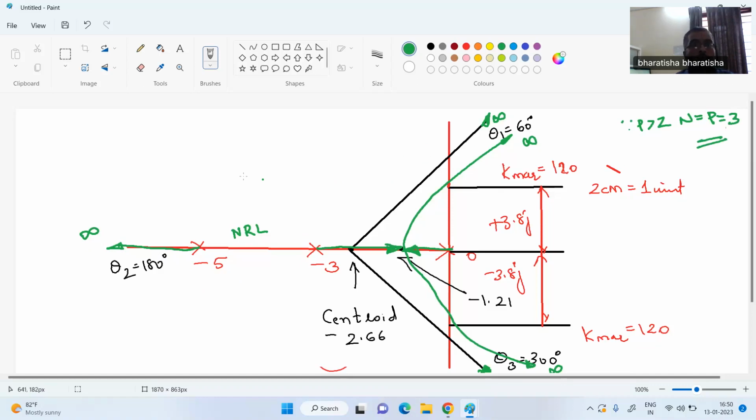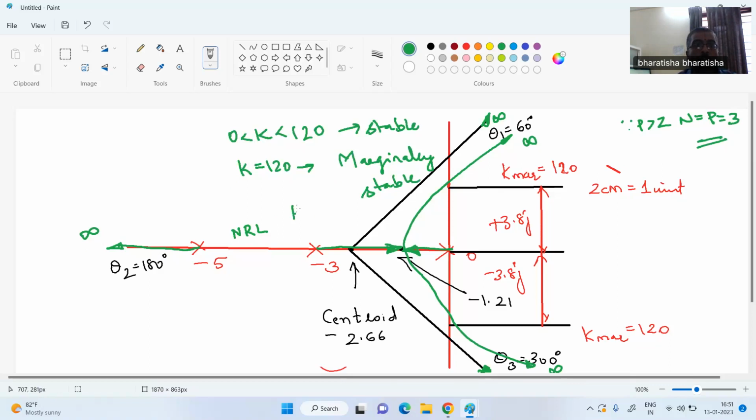Here you can comment on the stability of the system. If K is between 0 and 120, it is absolutely stable, no problem. If K is 120, the system is marginally stable, and if K is greater than 120, the system becomes unstable.